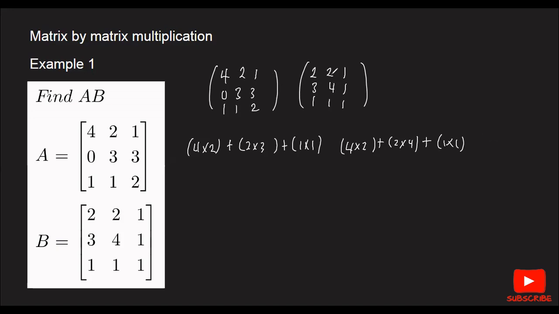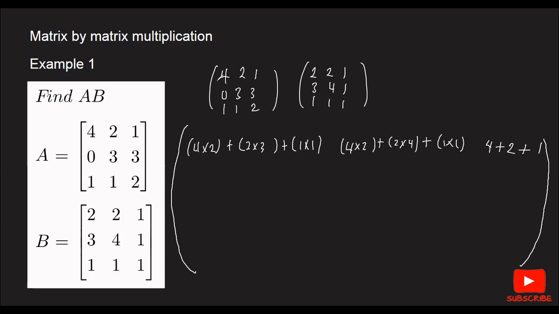We have 4 times 1, that gives us 4, plus 2 times 1, that gives us 2, plus 1 times 1, that gives us 1. We'll be having something like this.